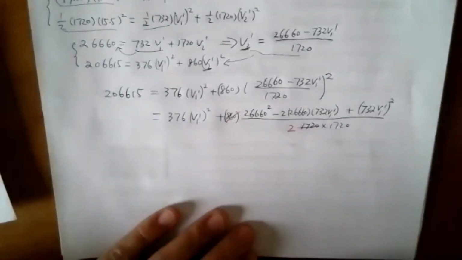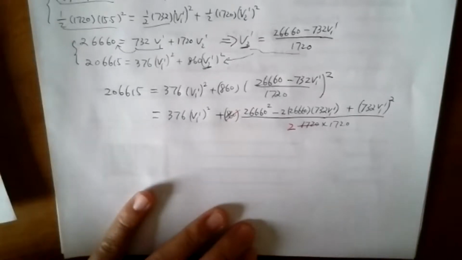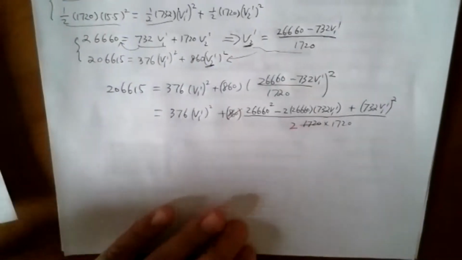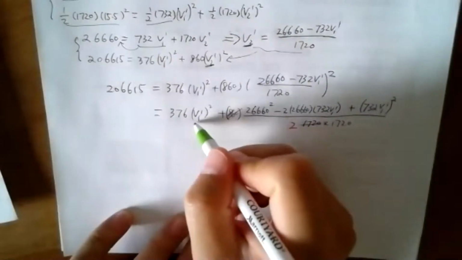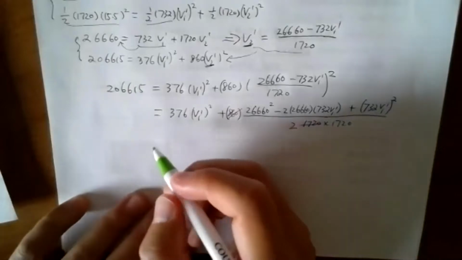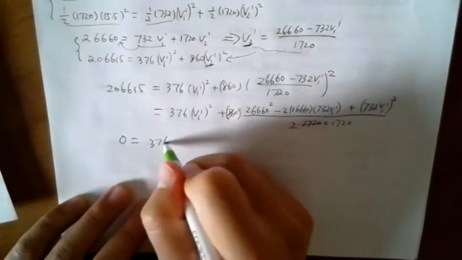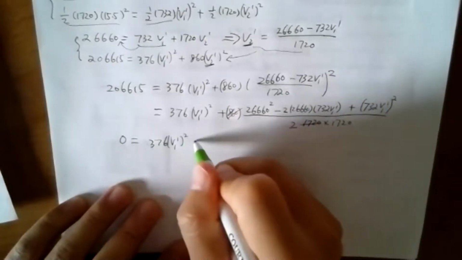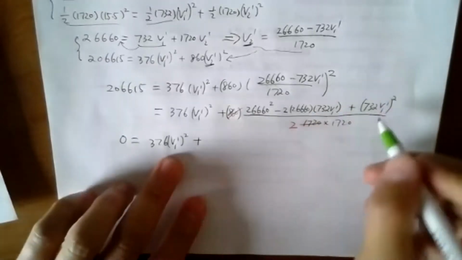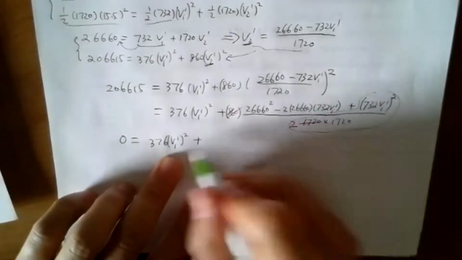Now I think we are getting there. This is going to be a quadratic formula with V1 prime as the unknown. So you can move this to this side of the equation. Then it becomes 0 equals whatever we have here, 376 V1 prime square plus, I'm going to move this guy in front first, so you can combine the two.